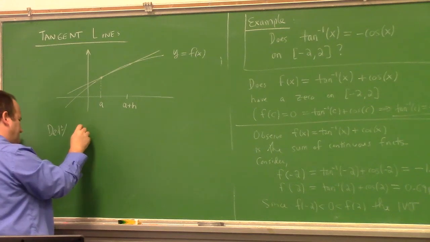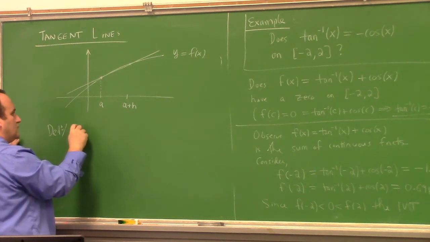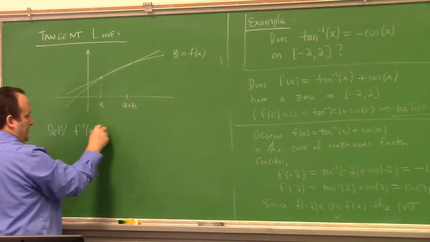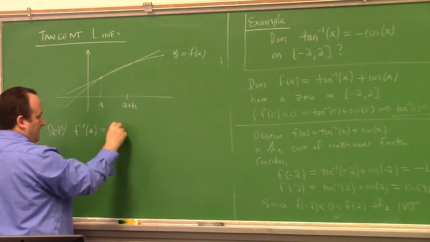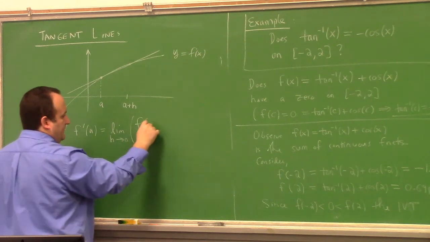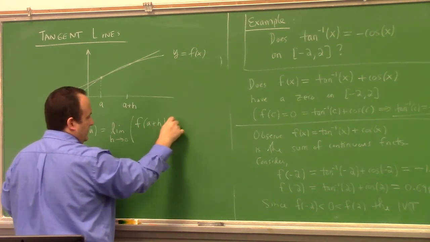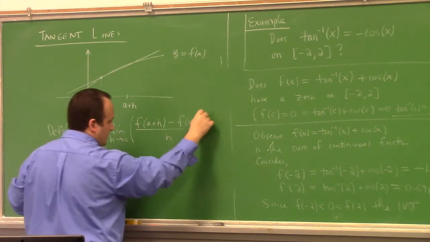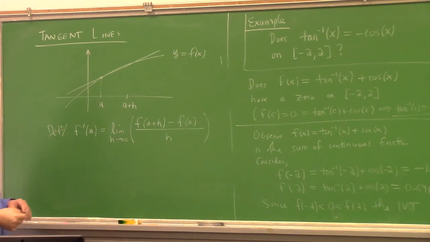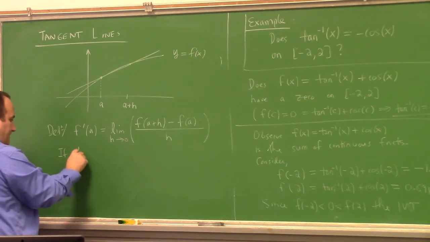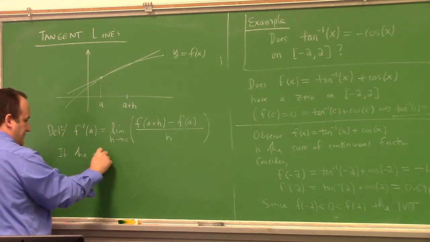So first of all, f prime of a is equal to the limit as h goes to 0 of f of a plus h minus f of a, divided by h, if the above limit exists.